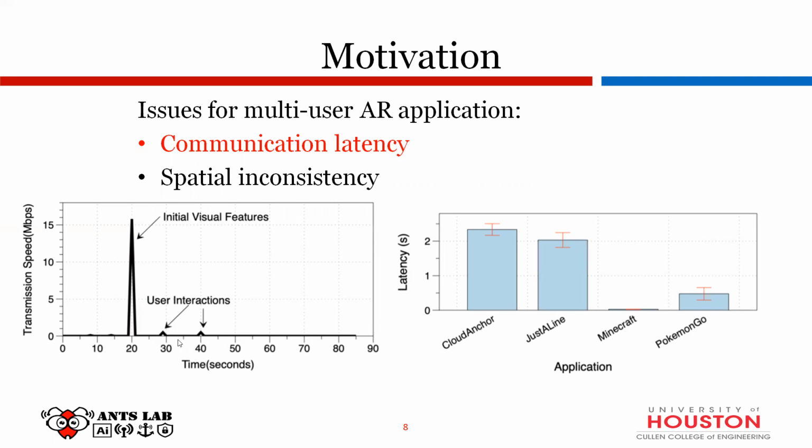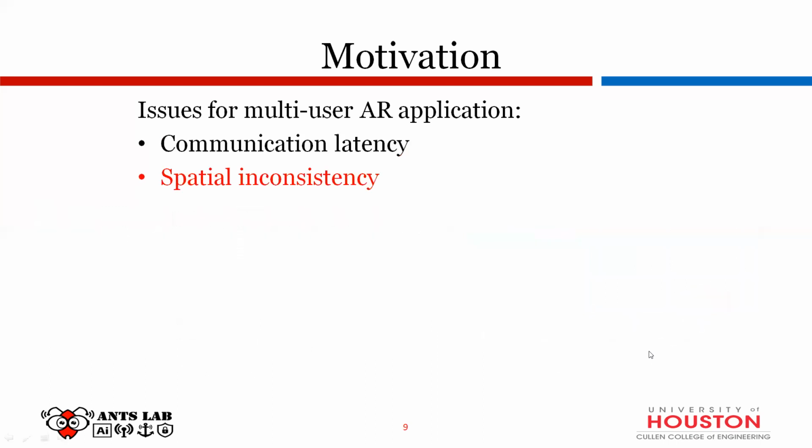The other two are the user interactions. You can see that every time you do something, the resolver has to wait for it. On the right, there are some applications we mentioned, like Cloud Anchor, Just a Line, Minecraft, and Pokemon Go. All of these have latency issues. So this is the issue of communication latency.